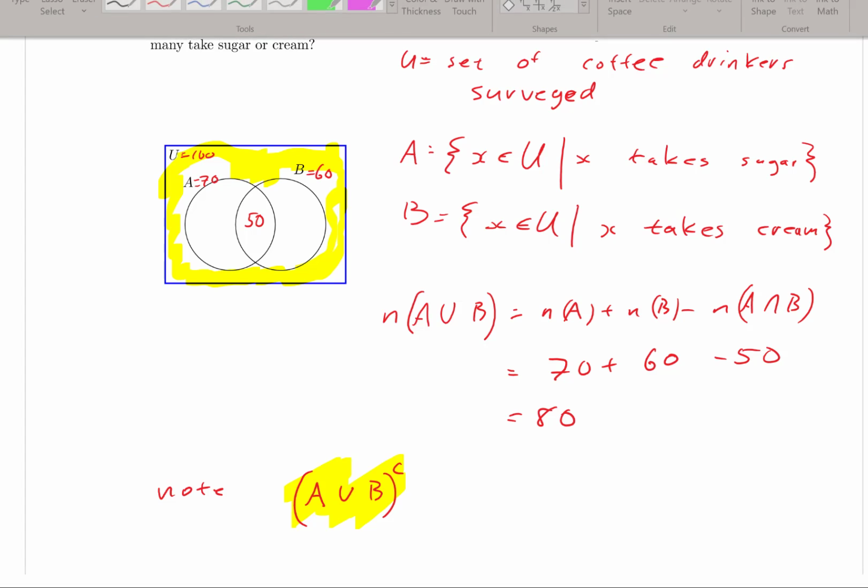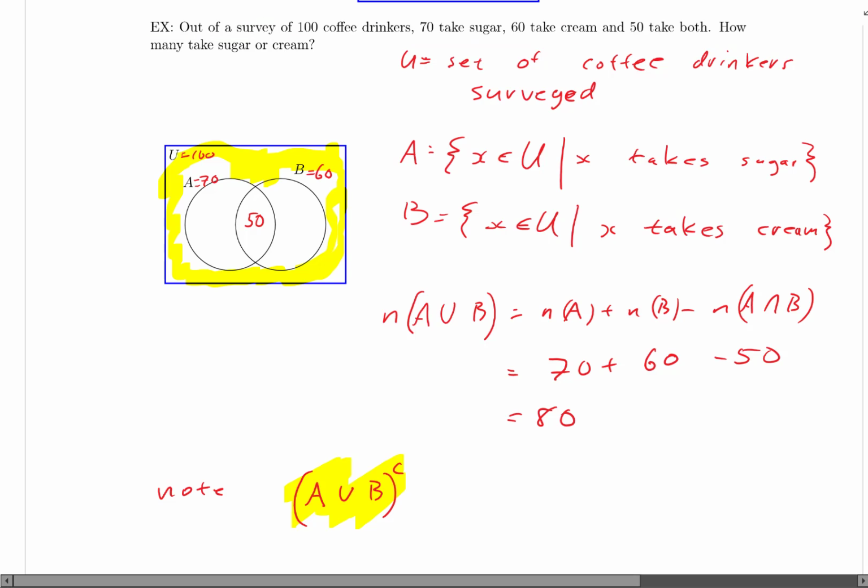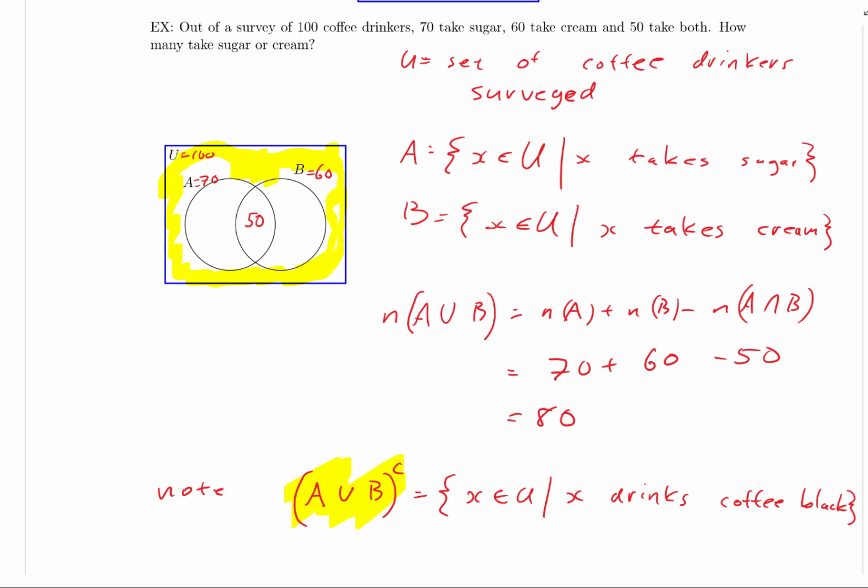Basically, it's how many people take their coffee black. So we would say X, an element of the universal set, such that X drinks coffee black. Moving on.